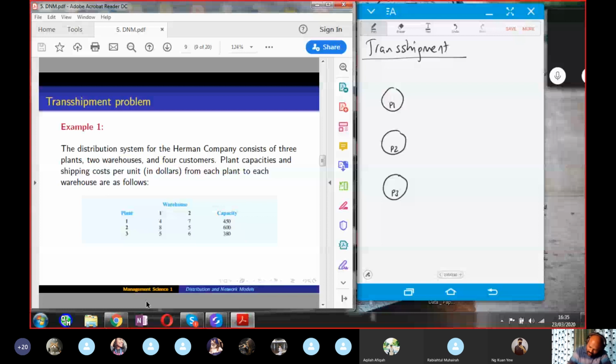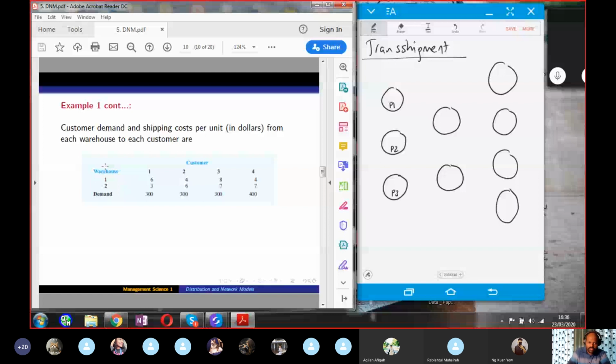Then only the customer comes. How many customers? If you read this question, you will have 2 warehouses and 4 customers. 1, 2, 3, 4. Warehouse is 2. So you can write here warehouse 1, warehouse 2, customer 1, customer 2, customer 3, customer 4.